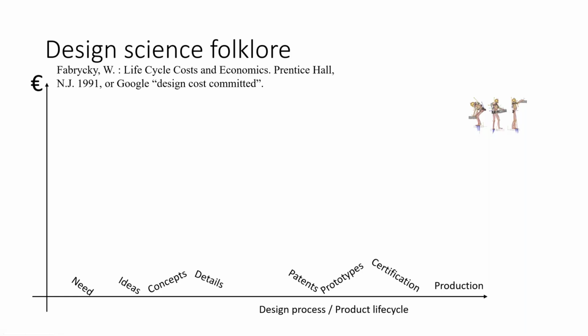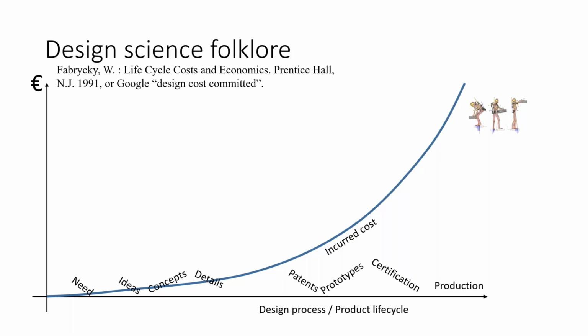And if you look at which parts of this process are actually expensive, then you can see that the beginning of the process, where you just have a bunch of engineers talking to each other and throwing ideas around, is not actually very expensive.